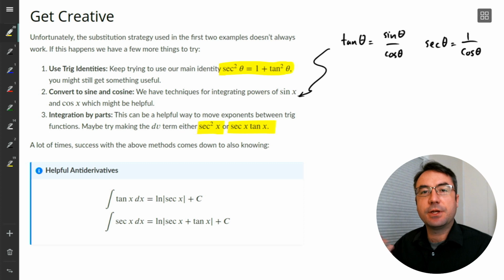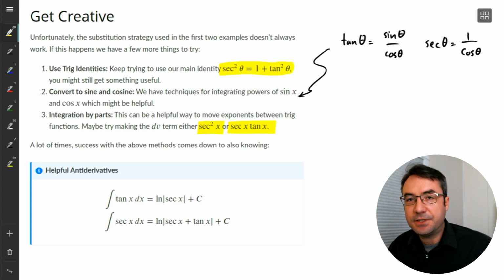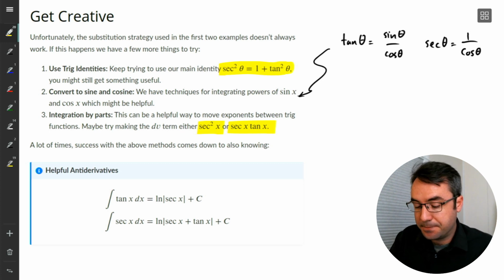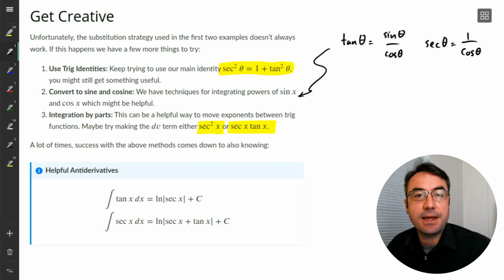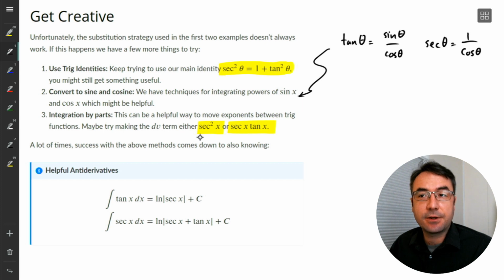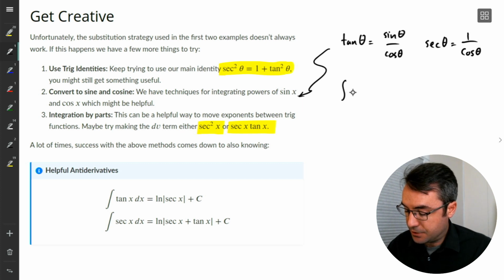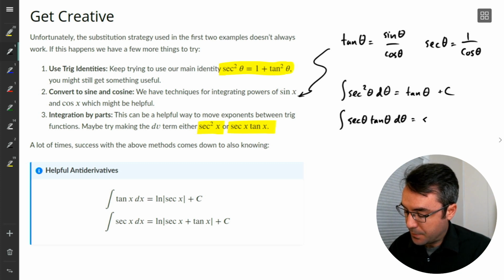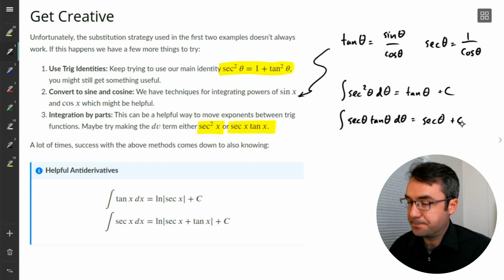When we're doing integration by parts, for our dv term, we're eventually going to have to integrate that, so our dv term has to be easy to integrate. When we're talking about powers of secant and powers of tan, the only two terms here that are pretty easy to integrate are secant squared, which is just tangent, plus c, and secant times tan, which is just secant.